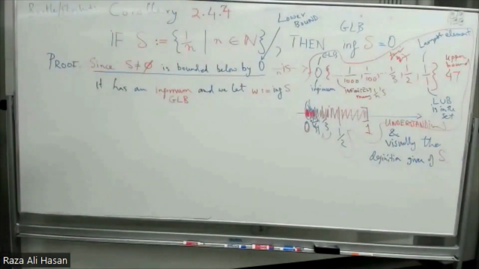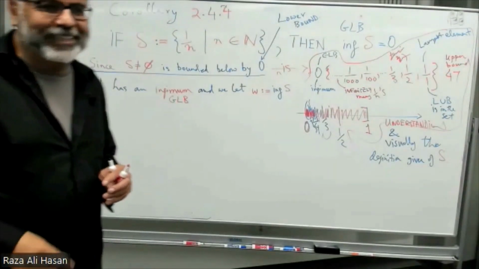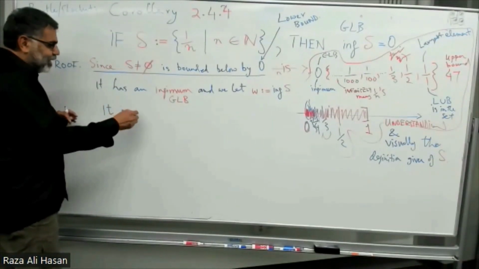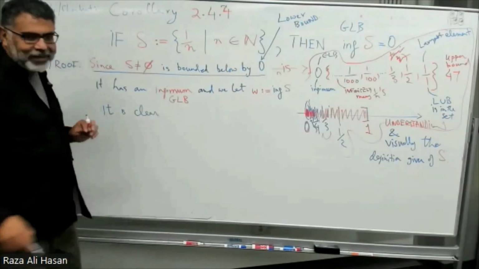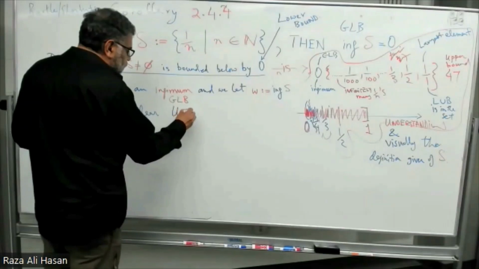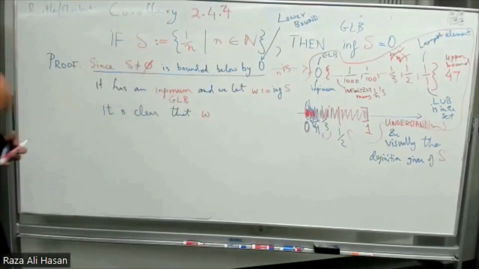So let's find out. That's when the fact that there is no smallest positive real number comes in. So what is W? Is it going to be a negative number or to the right?